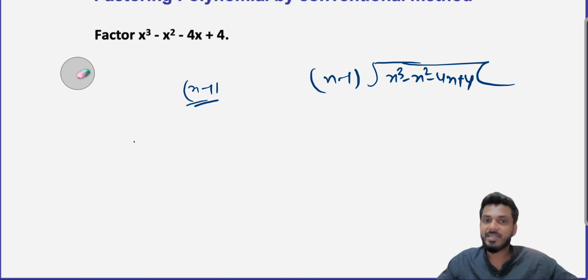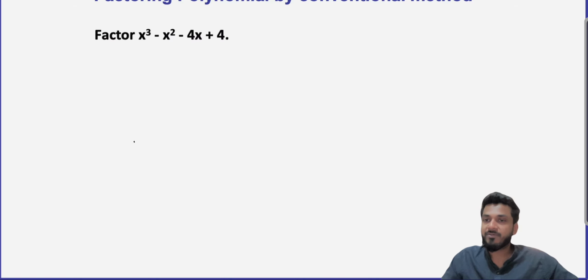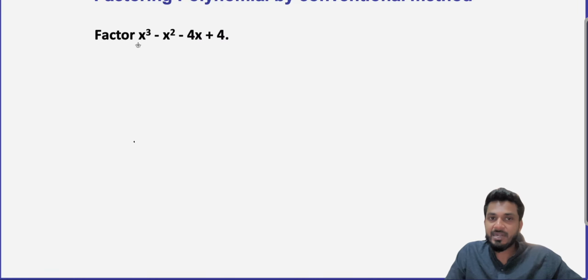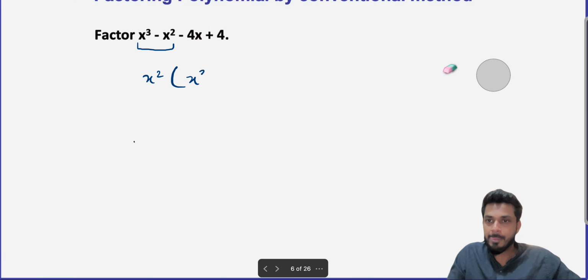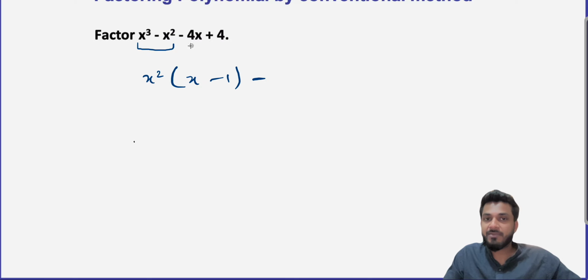So if you look at the expression carefully, from the first two terms, if you take x square common, you are just left with x minus 1. Similarly, from these two terms, if you take minus 4 common, you are just left with x minus 1.